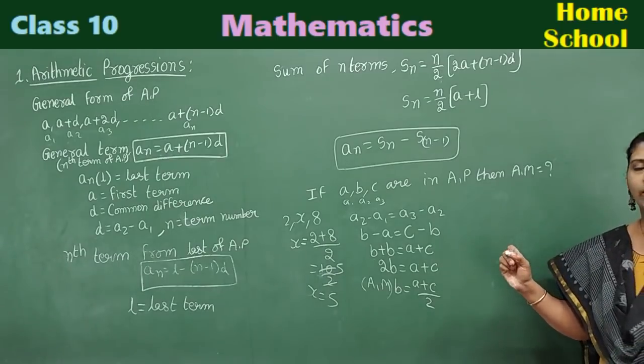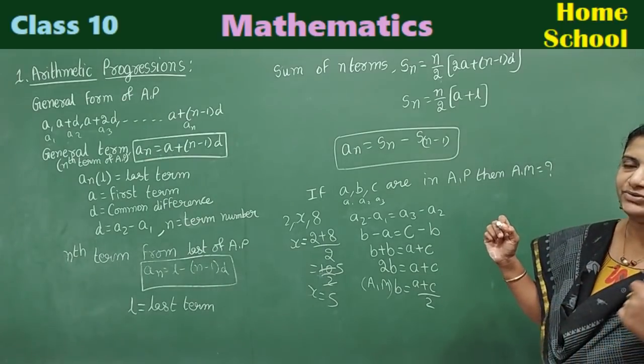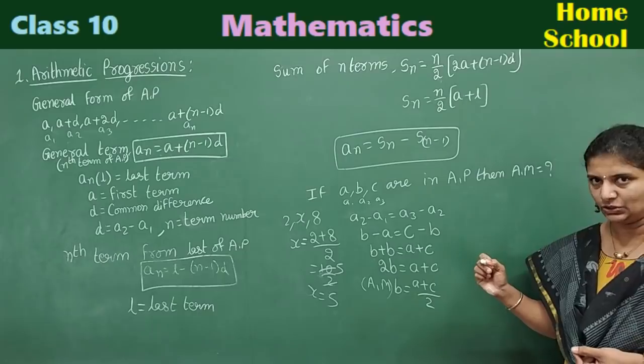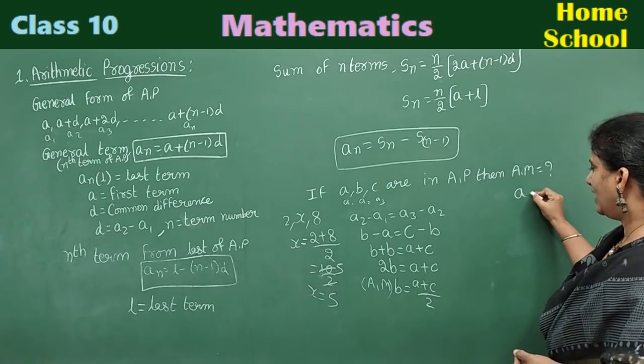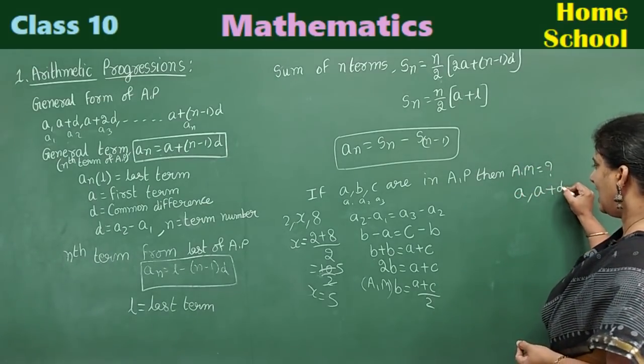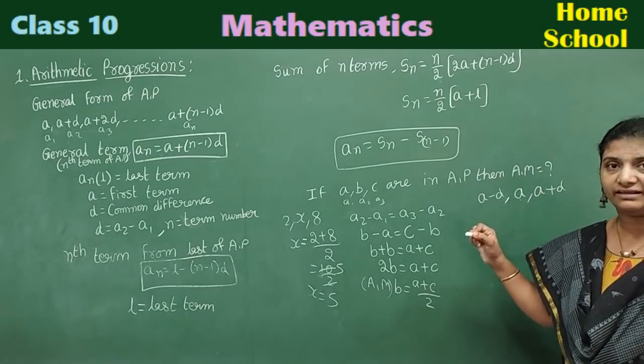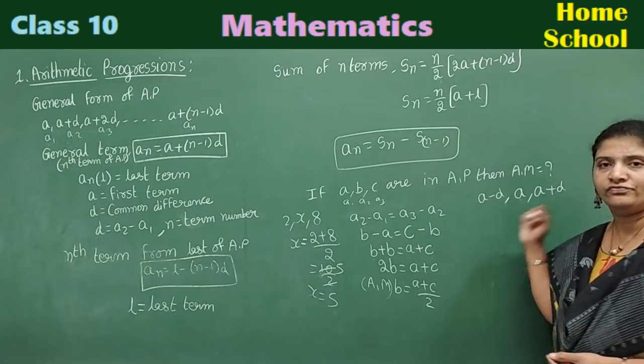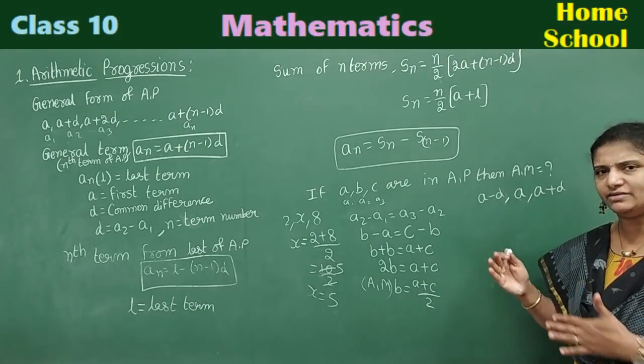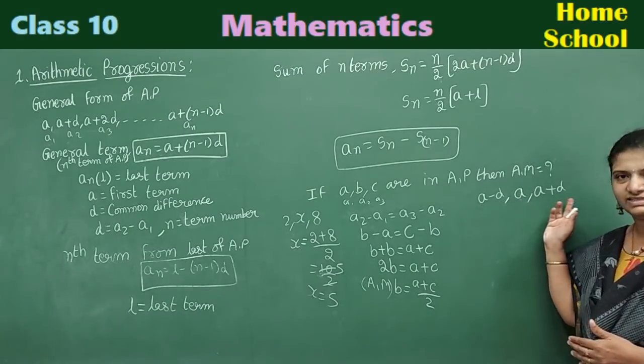If they ask you any 3 terms sum and 3 terms product, just go with a minus d, a, a plus d. If you need the term before, subtract the common difference. Sum of 3 terms given means better go with these 3 terms.